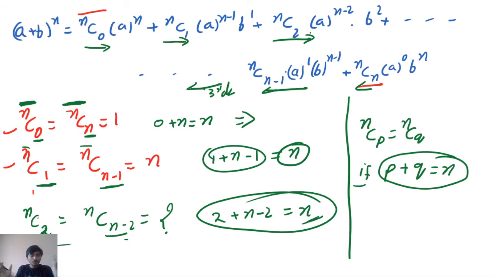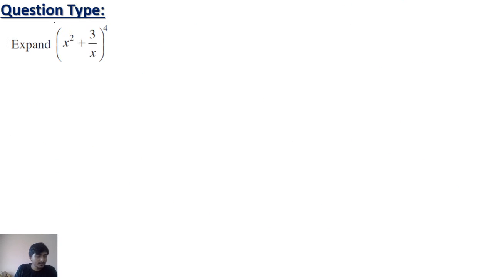As you go on in the sequence, this will be becoming equal. This will make our calculation very easy as we go ahead, and we can use this application in many places. Okay guys, now depending on that we can have some questions.